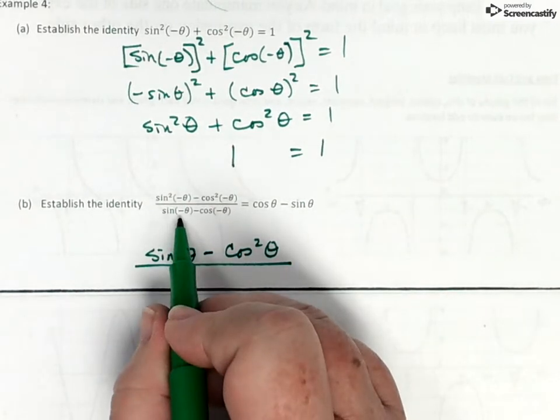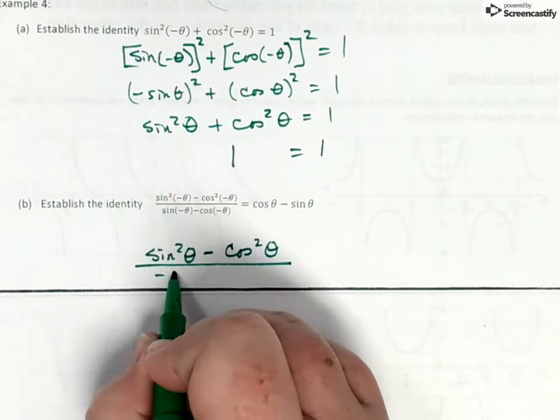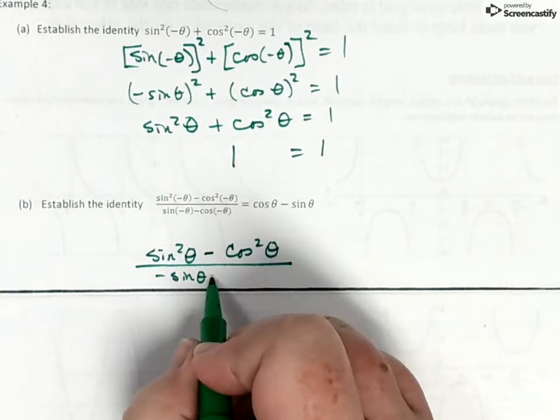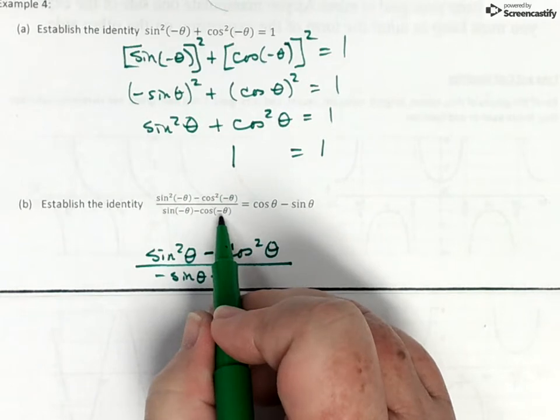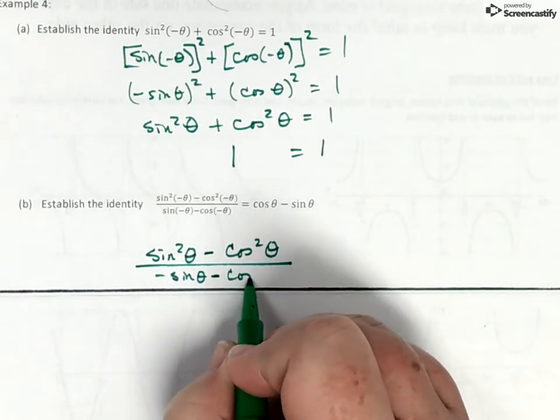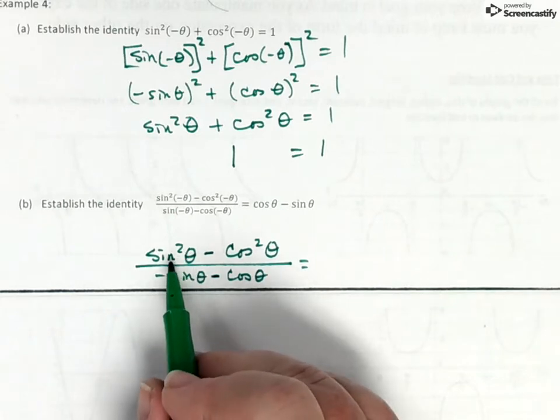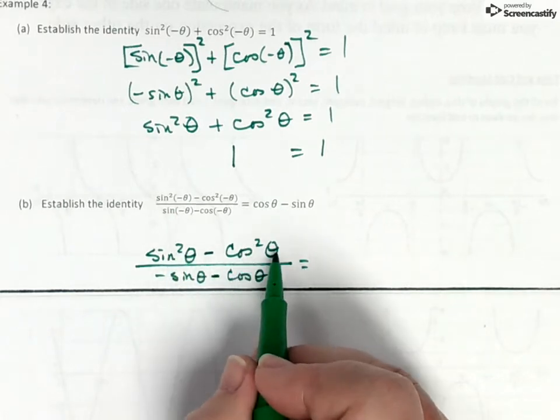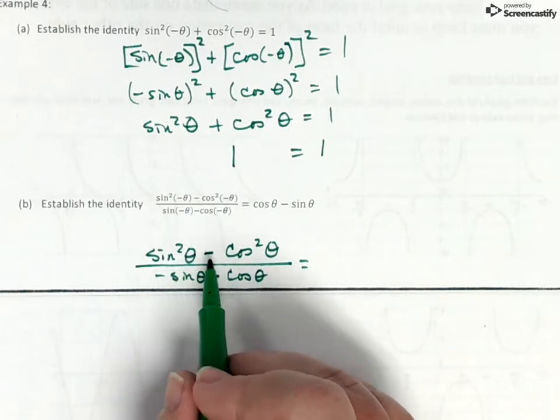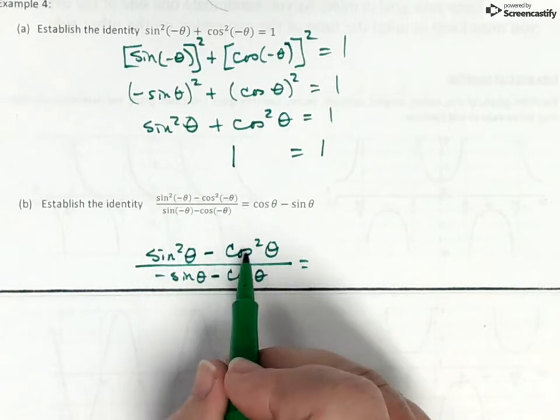Over, now this right here, we're going to throw that negative sign to the front. So negative sine of theta minus, and what are we going to do with that negative sign? We're just going to drop it. When we look at the problem, what is sine squared theta minus cosine squared theta? Some of you are thinking 1. Now it's not. If it was sine squared plus cosine squared, that would be 1.